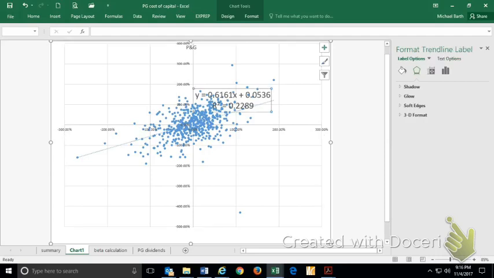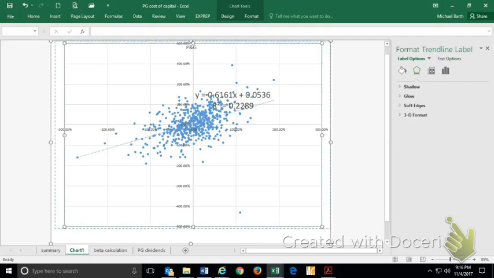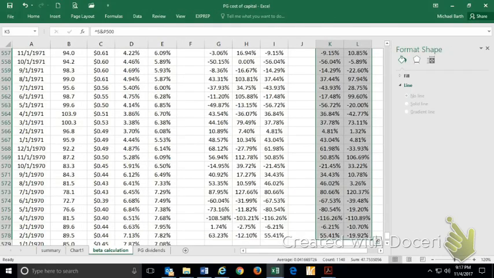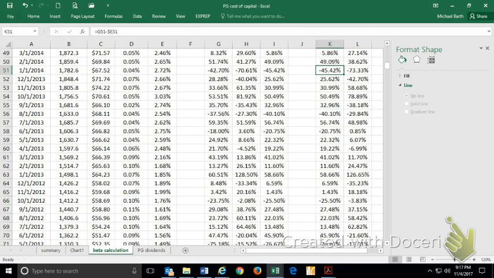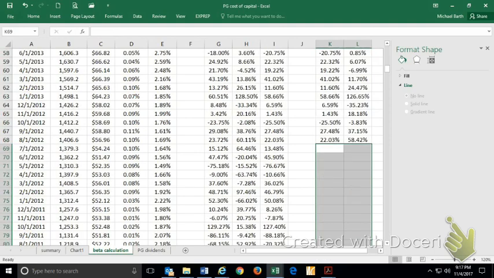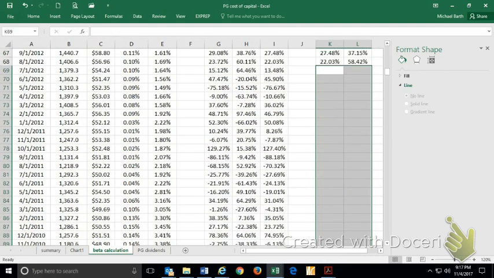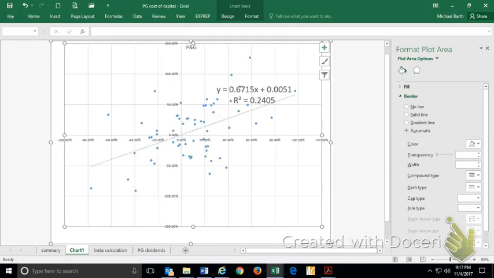Trying to get this box to move. My computer is being slow. Well, I'll just tell you, it's 0.6161x. That's the slope of that line. That's the beta. Now what if I used a shorter time period, for instance, instead of the entire period, just the last 5 years? That's the common practice out there, to use the last 5 years, because you want it to be fairly sensitive to recent times.